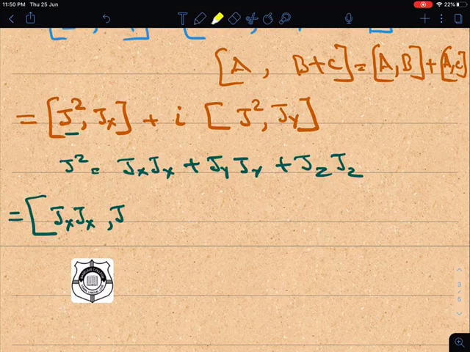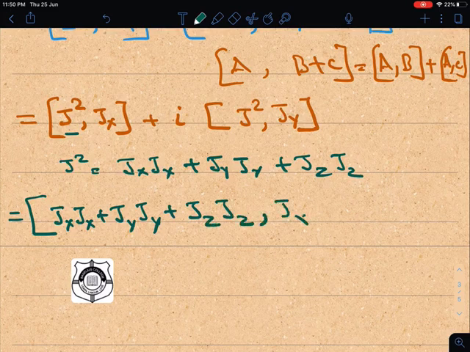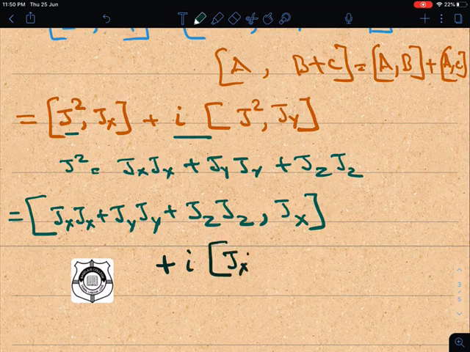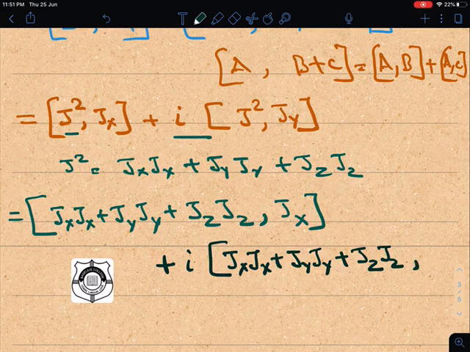I'll rather substitute. So Jx square, Jy square, plus Jz square comma Jx. Then these terms plus i, Jx square plus Jy square plus Jz square comma Jy.